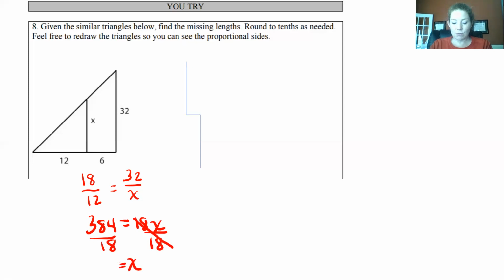So x is equal to 21 and a third. Does that look right? 18 to 12 and 32 to x. Yep, that looks right.